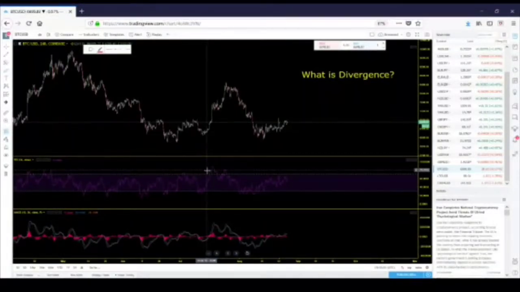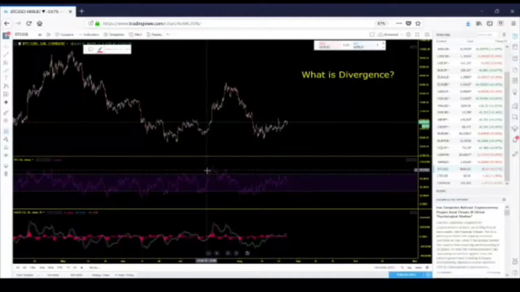One way you can find these potential moves is looking at divergence, looking at the RSI and the MACD, evaluating the market from that standpoint, giving you more confirmation on whatever decision you want to make in the market.